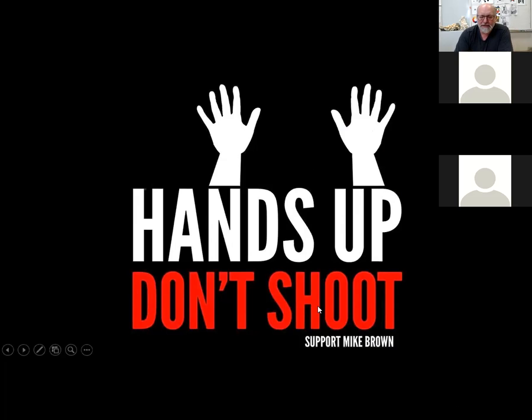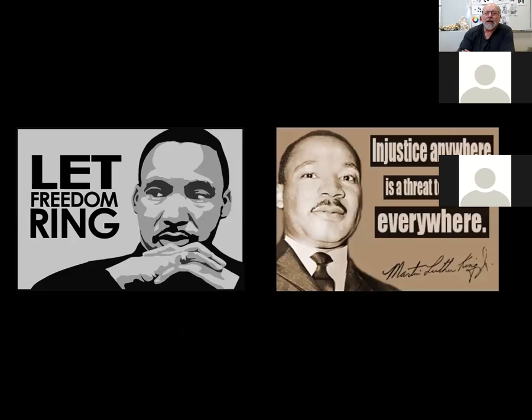Hands up, don't shoot, is what the supporters of Michael Brown were saying based on his original quote, don't shoot or whatever. And he had his hands up when he was shot. And so that became the mantra for the protests in Ferguson, Missouri, 5 or 6 years ago.